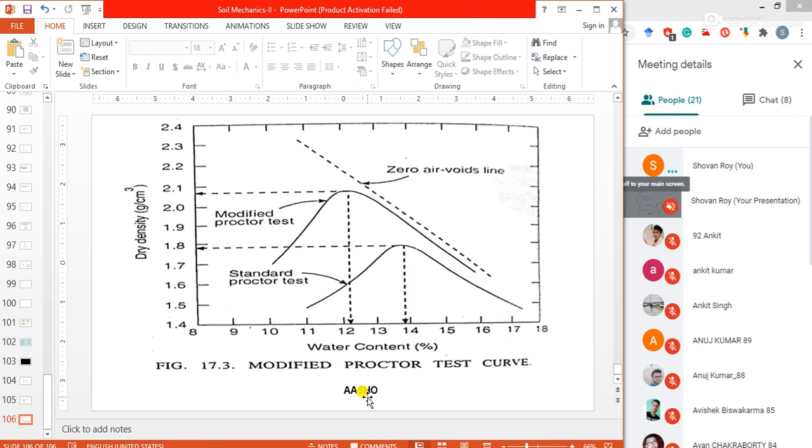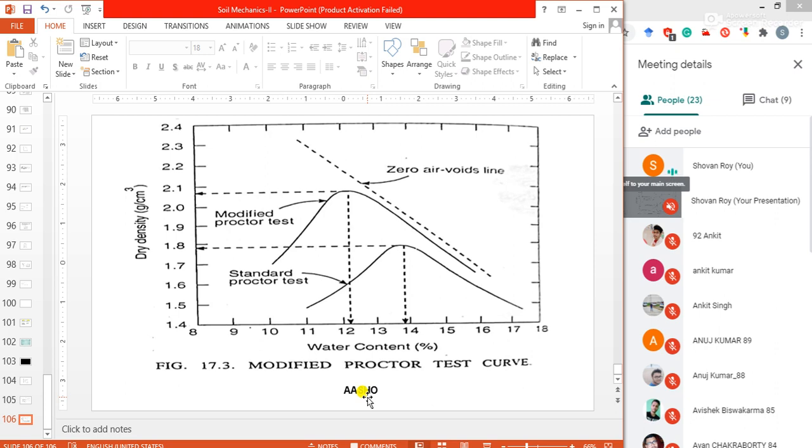In this test, the soil is compacted in the standard Proctor mold, but in 5 layers. In the last test, the standard Proctor test or light compaction test, we had 3 layers to fill the complete mold.